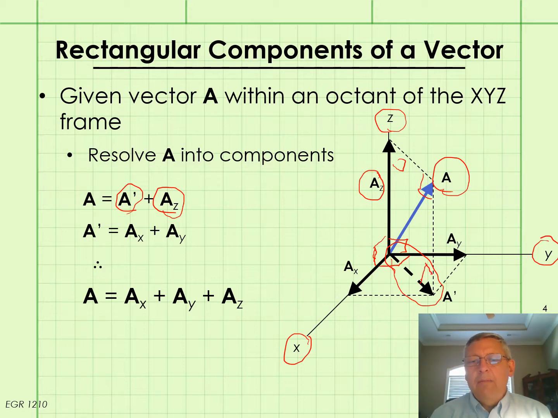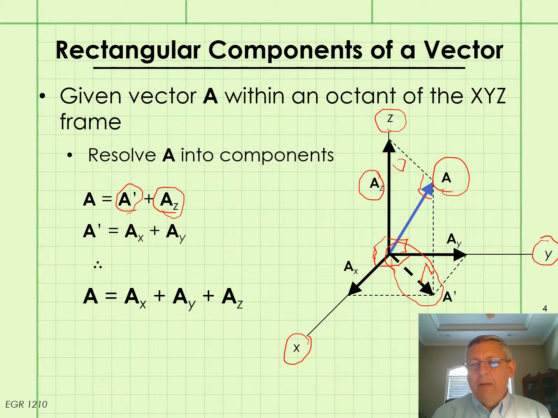So A prime and A sub z are just the rectangular components of A. Now we're looking for A sub z, so we're not going to do anything else with that, but A prime, the vector A prime, needs to be broken down into two components along the x and the y axis. In other words, we're going to now break A prime down into its rectangular components in the xy plane.